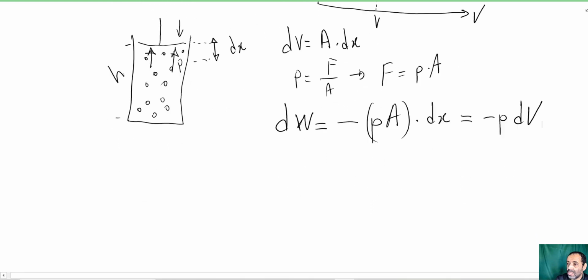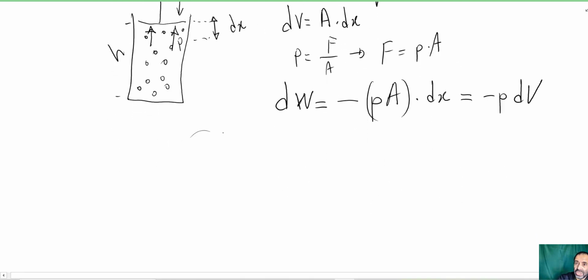In the absence of heat, the change in energy of the gas is simply the work that is done by the gas or against the gas. It's going to be negative if it's done by the gas. If it's done against the gas, it's going to be positive; in other words, we're adding to its energy.